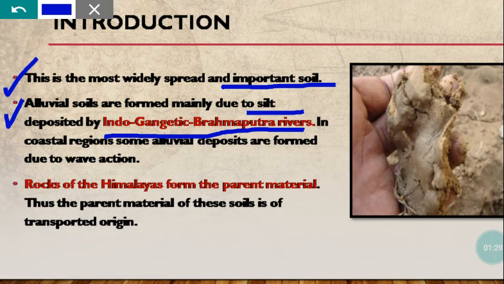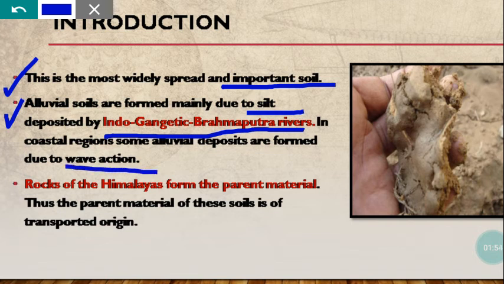So mainly beside the Indo-Gangetic and Brahmaputra rivers the alluvial soil is found, which is formed due to the silt. And in the coastal region too, we can see a few parts of alluvial soil made up due to wave action. Clear?